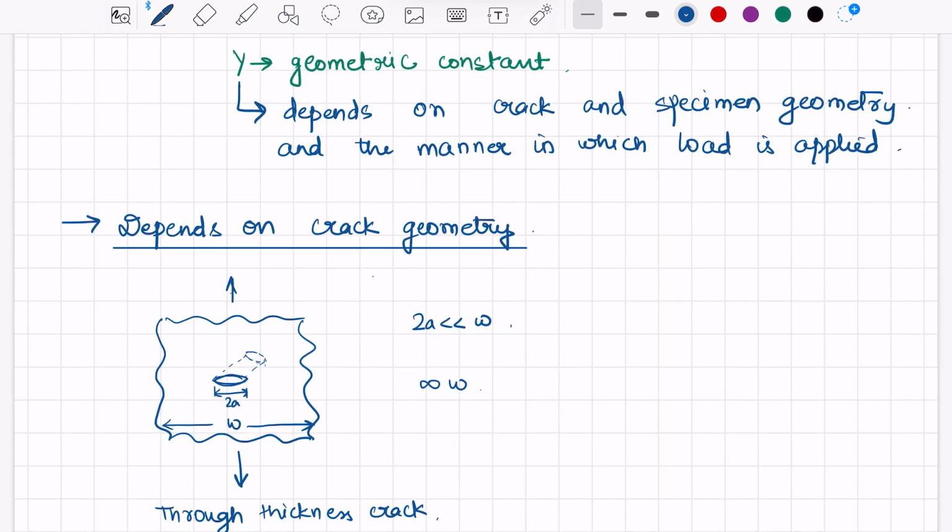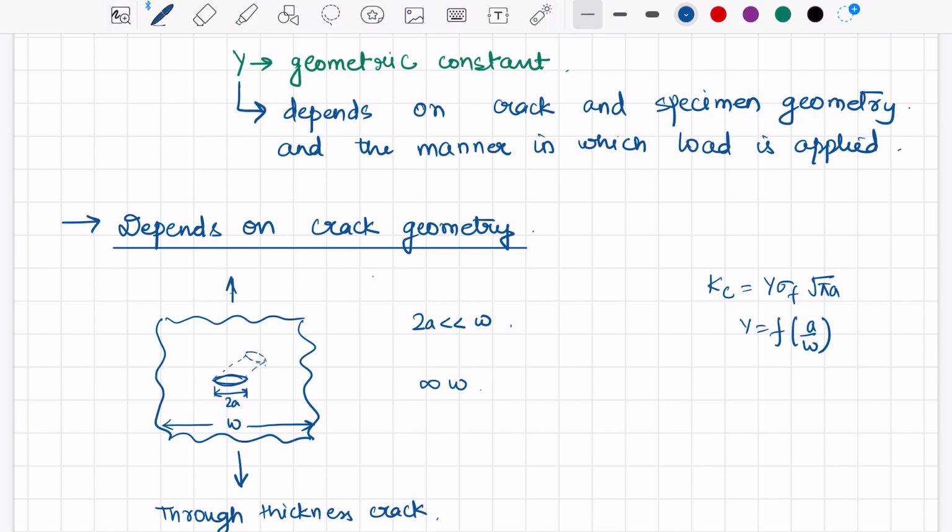If it's a center cracked specimen where the crack is through the thickness and the plate is infinite, the width of the plate is infinite, in that case the fracture toughness, as I mentioned, is Kc equal to y sigma f root pi a. Y is some function of a by w. A is the crack length, w is the width of the specimen.